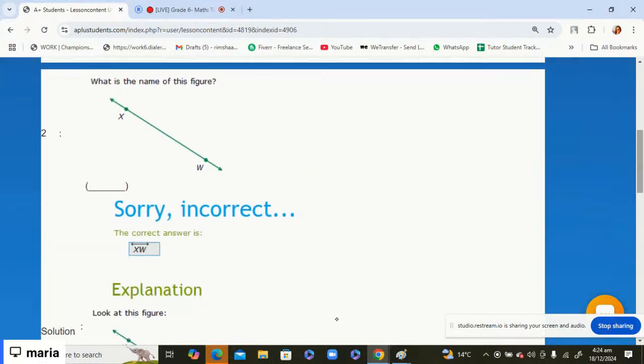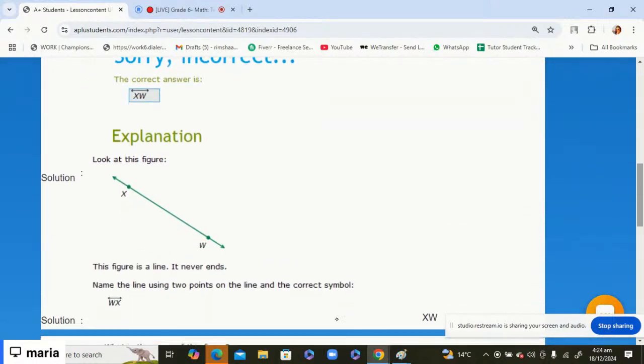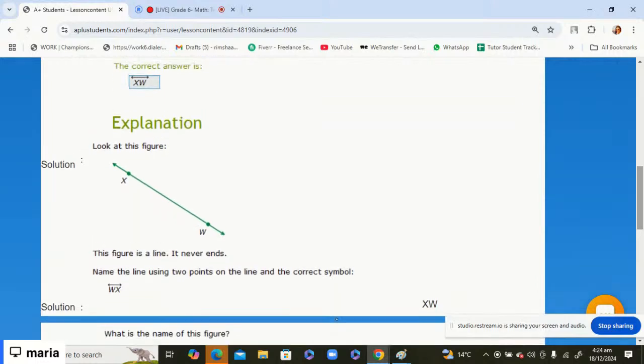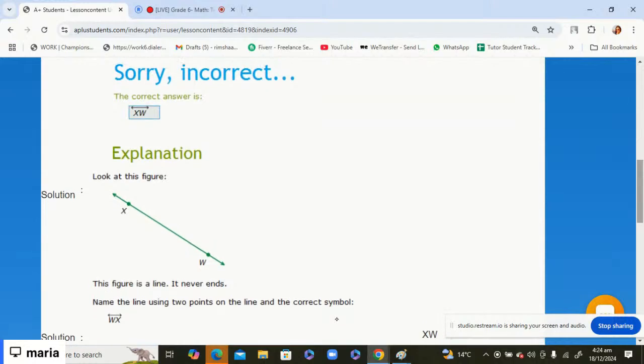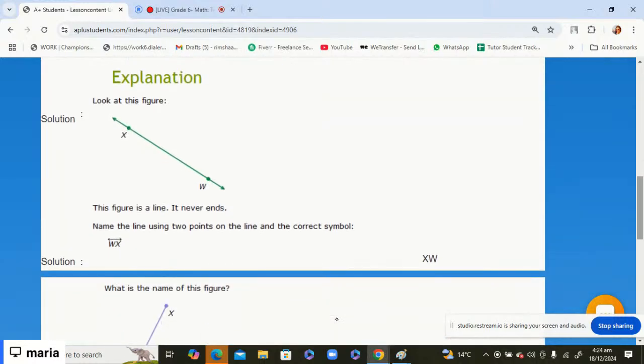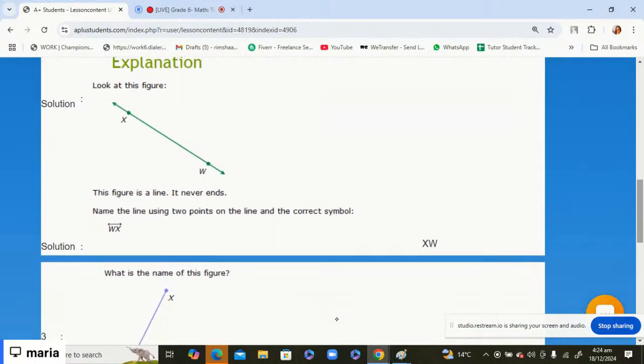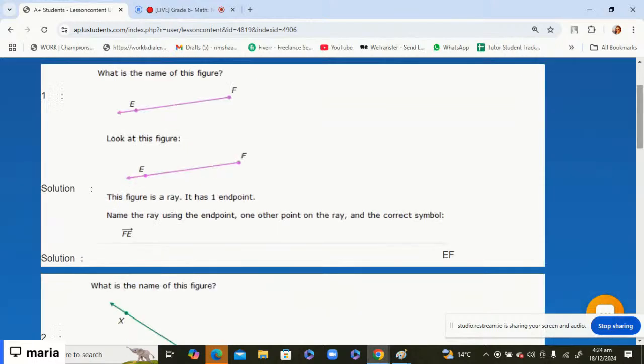Now if there are two points and it never ends, it's a line. Okay, this is a line. If it never ends, name the line using two points on the line and the correct symbols, that is x and w. This is a line, this is not a ray; this is the sign of the ray.